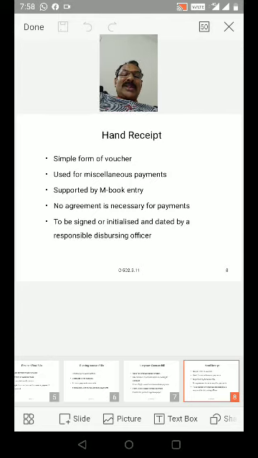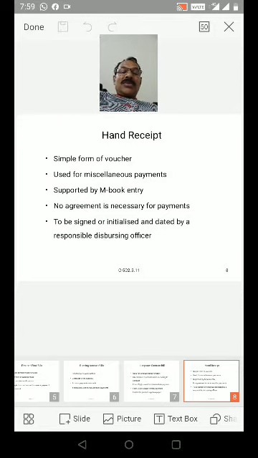No agreement is necessary for payments in the case of hand receipt, a simple form of voucher used for miscellaneous payments, supported by M-book entry, the measurement book. It's very important: on the basis of the measurement book only, they can make the payments.